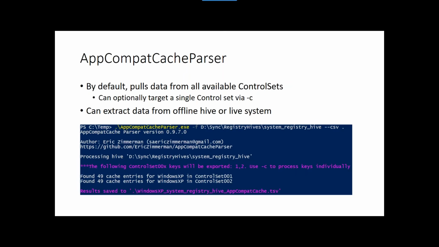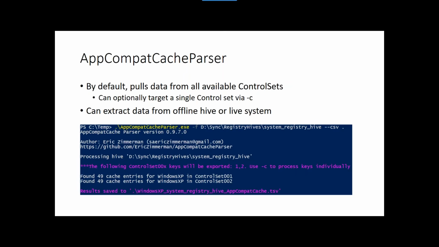So you can see here down at the bottom, it's telling us, hey, I found 2. If you want to dump just one, just use the -C option, -C2, -C1, whatever, and you could limit the output. And here it knows it's an XP system. It knows what the data look like in the value. So it just puts that in the output file name so that you have a little bit of context. You would obviously know where you got the hive in most cases, but it just makes your grouping a little bit easier.